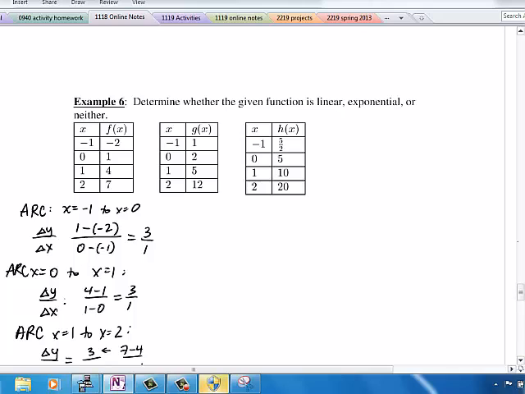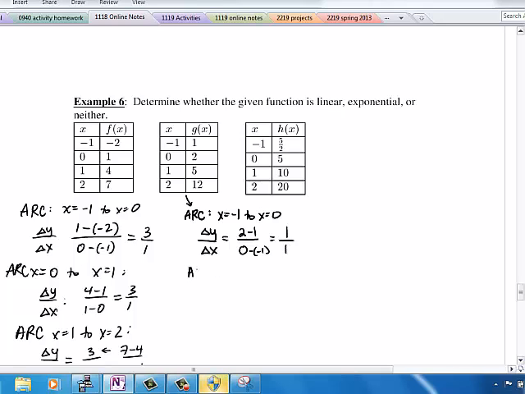Then the next one, the average rate of change from negative 1 to 0 we have 2 minus 1 over 0 minus negative 1. So 1 over 1, which is 1.